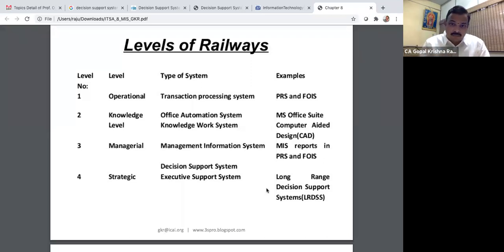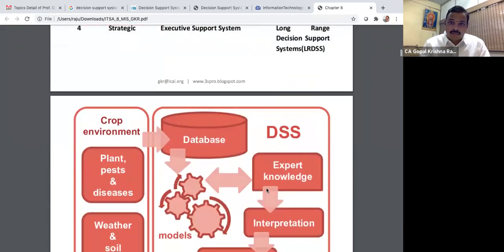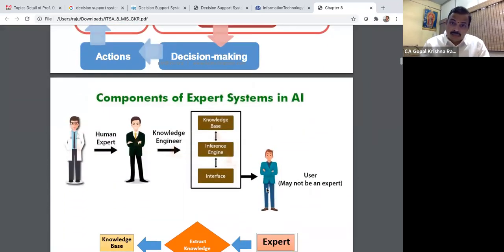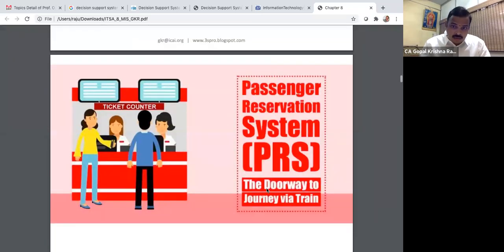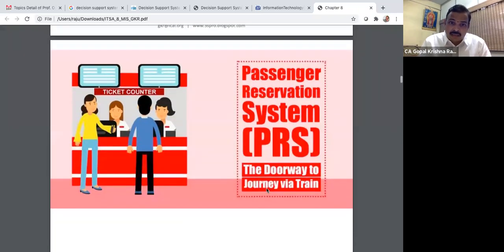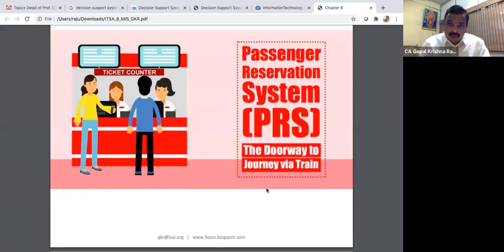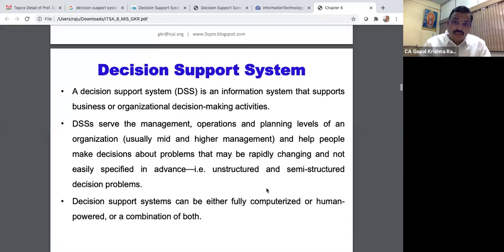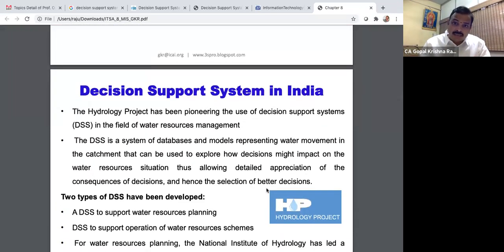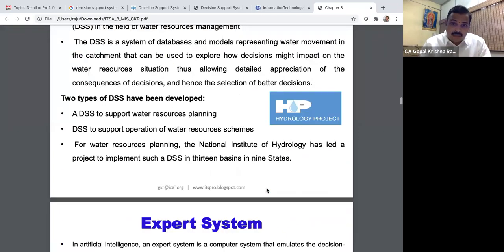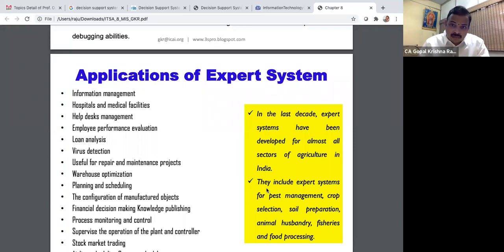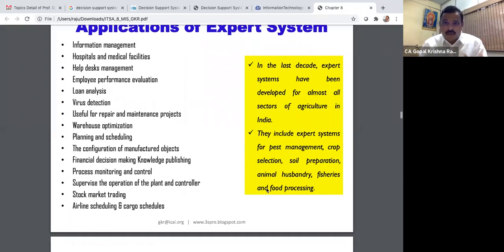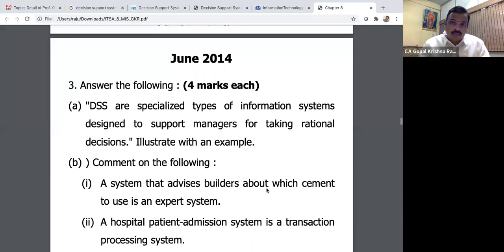I'll take some decision support system examples, expert system examples, and the passenger reservation system of railways. What is a decision support system? What is DSS in India? I'll give one or two examples, and where applications of expert systems are being made, to give you comfort about this subject.